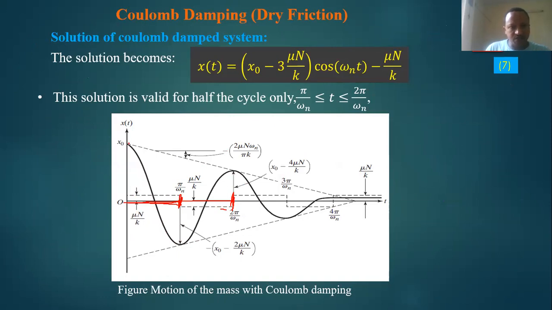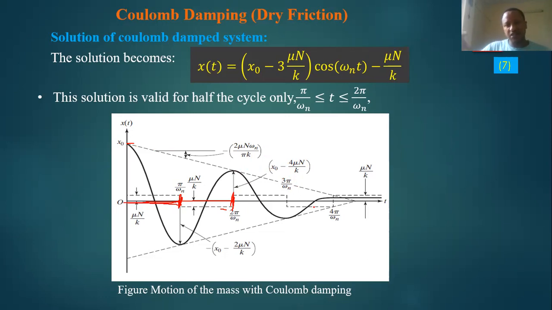In one full cycle from here to here, we can observe 4 mu N over k reduction. For one complete cycle, 0 to 2 pi over omega n, here it is x naught, here it is x naught minus 4 mu N over k. That means 4 mu N over k amount of reduction, linearly reducing the amplitude.